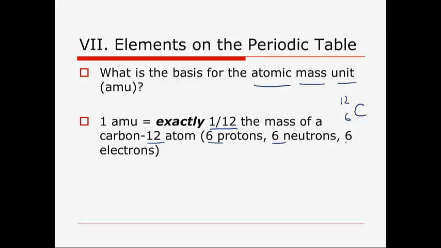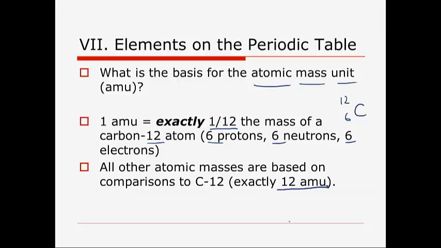Electrons have to be the same as the protons. So if exactly 1/12 of the mass of carbon-12 is 1, that means carbon-12 weighs exactly 12 AMUs. Now the mass of every other element is compared to the mass of carbon-12.